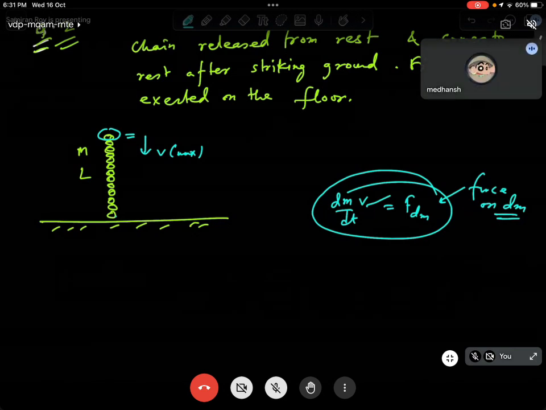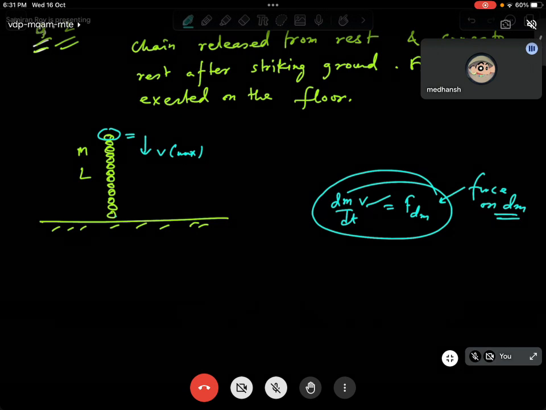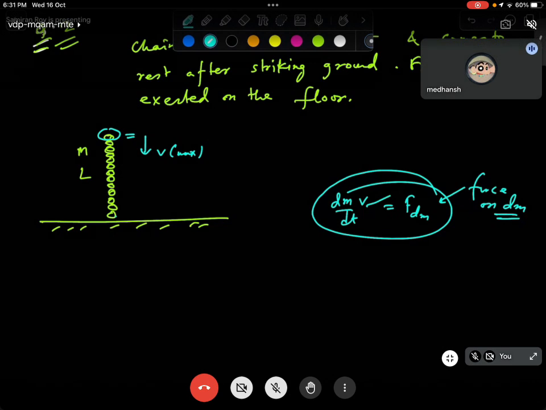That is momentum transfer to the floor. Also there is a weight, so force due to its own weight also you have to take. Yeah, correct.